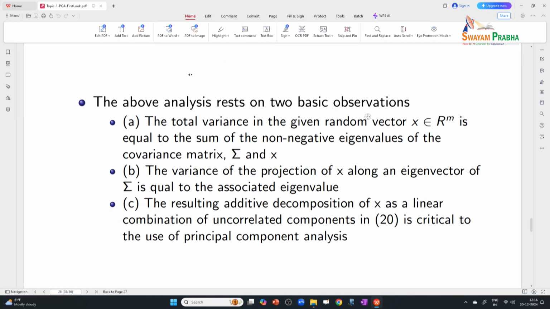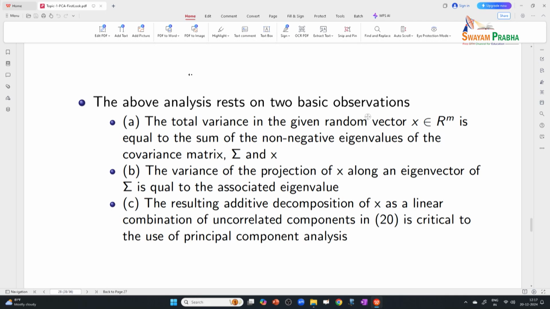So, look back. The above analysis rests on two basic observations. The total variance of the given random vector is equal to the sum of the non-negative eigenvalues of the covariance matrix sigma of the random variable.